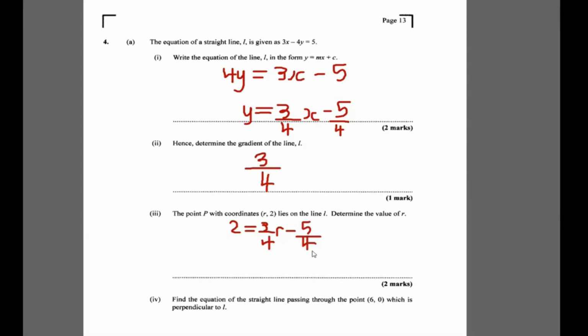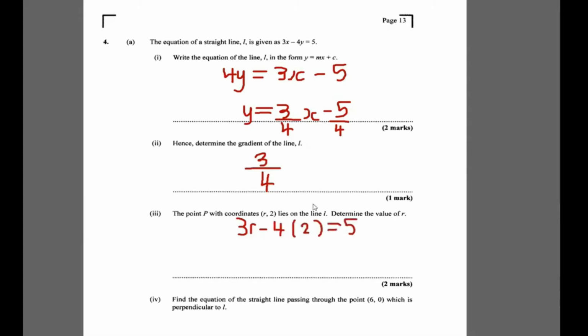But I don't want to use this equation. After too much cross multiplying, I'm going to go back to the original equation. The original equation would be 3R minus 4 times y being 2, and that's equal to 5.